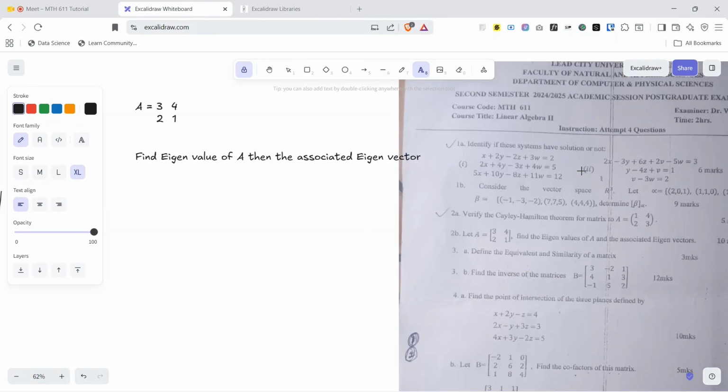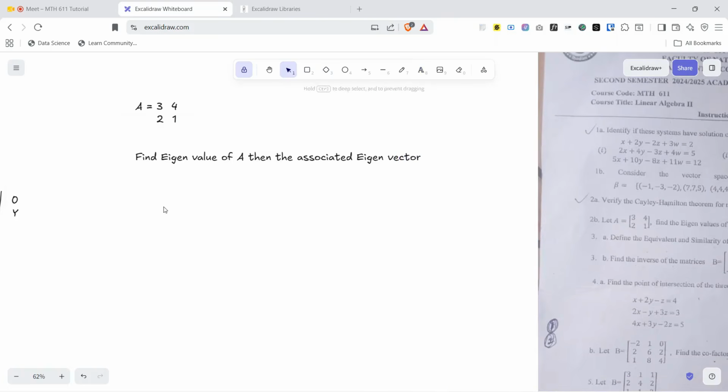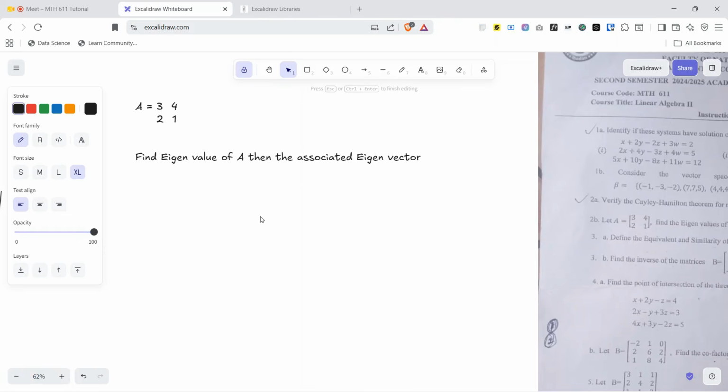So to solve this, this is going to be AV. You are going to represent it with V. AV minus lambda IV equals to 0.